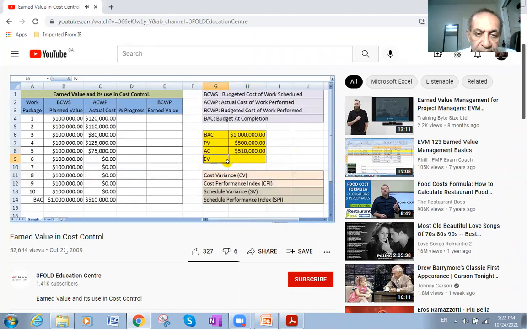Now, to get the earned value, we need to find the actual progress for these 5 work packages. To understand what PV, AC, and EV are, it's worth looking at the old name, BCWS, which is now known as planned value.